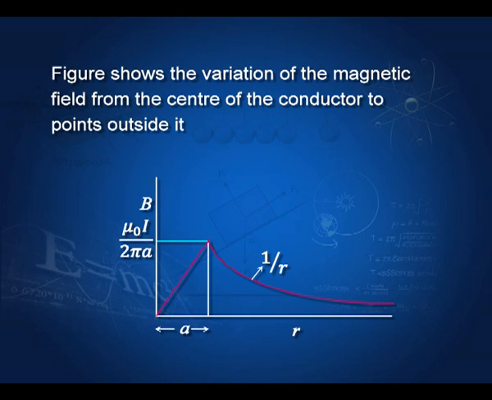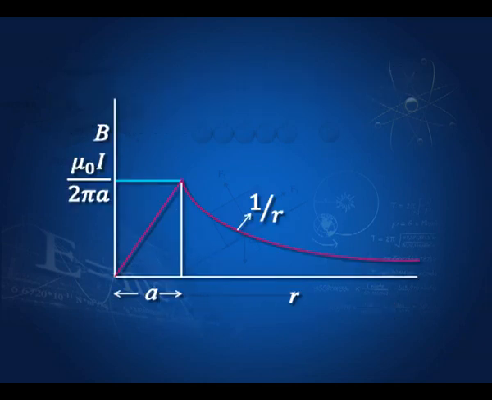This is the 1 by r curve. This straight line shows that within the cylinder the magnetic field is linearly proportional to r, goes up to a, and then the field decreases as 1 by r.